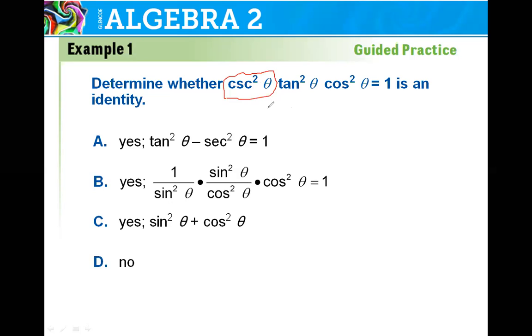No, the reciprocal of tan is cotan. The reciprocal of cosec is sine. So instead of cosec, I'll write 1 over sine squared. So cosec squared will be changed to 1 over sine squared.